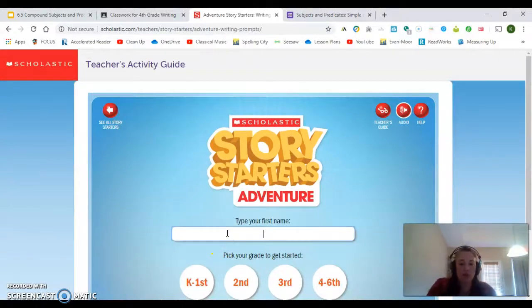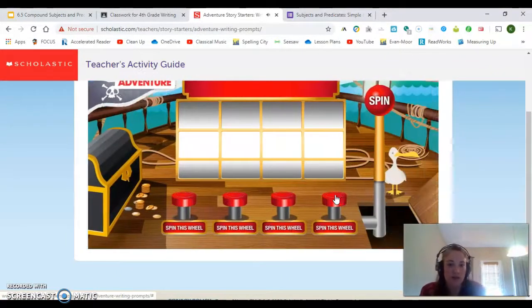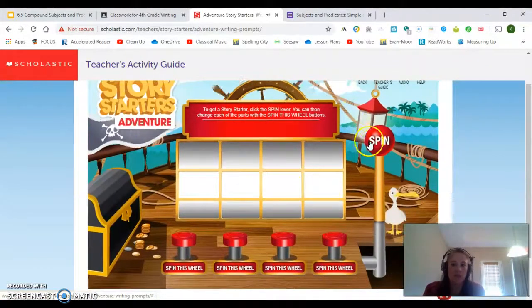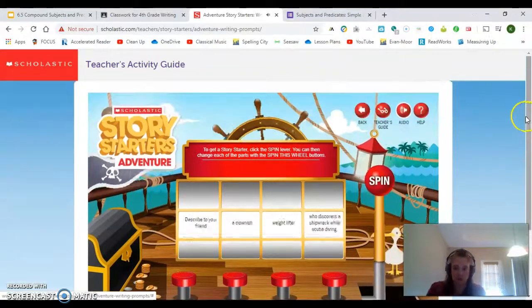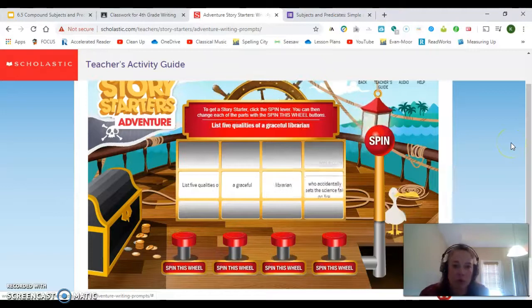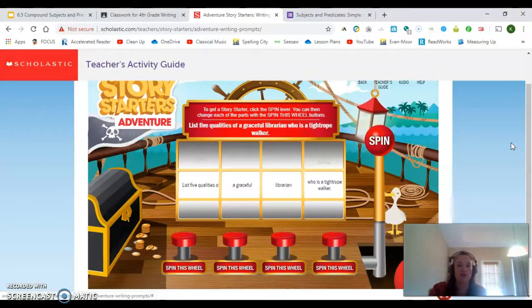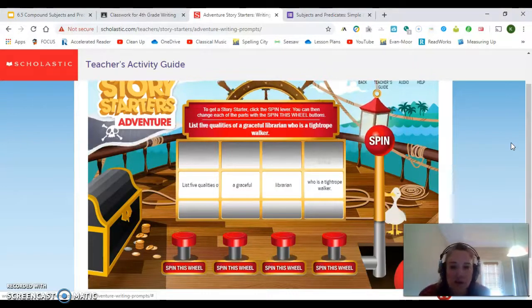You type your name in. You click the grade, so 4 through 6, and then you spin the wheel. So the wheel spins, and it's going to tell you what you're going to write about. It says list 5 qualities of a graceful librarian who is a tightrope walker.